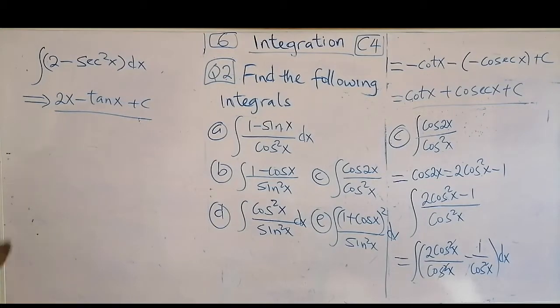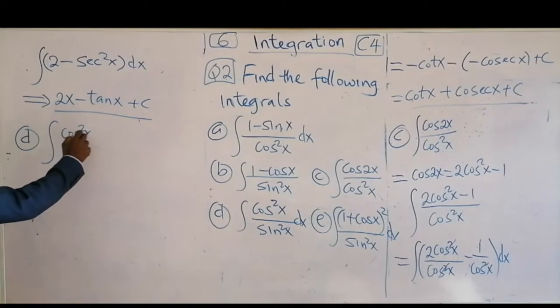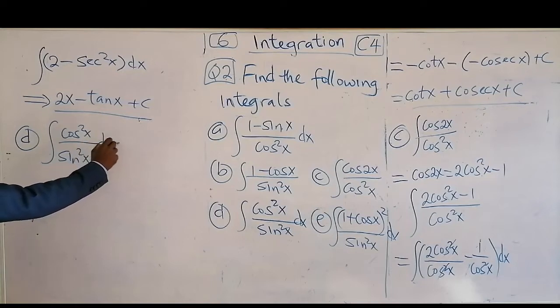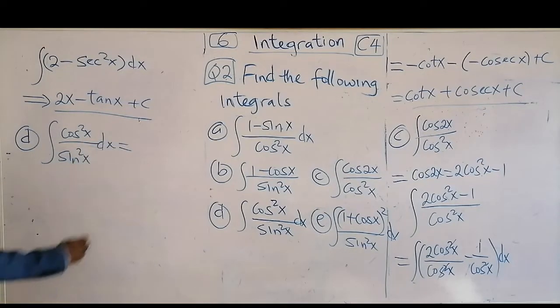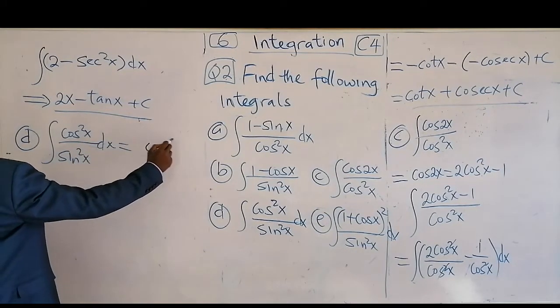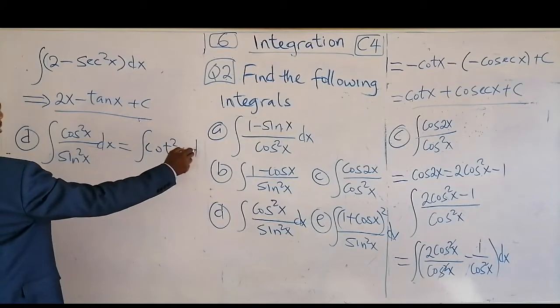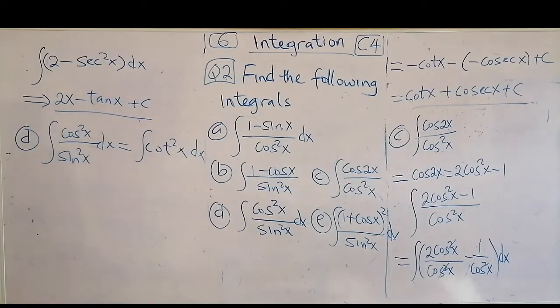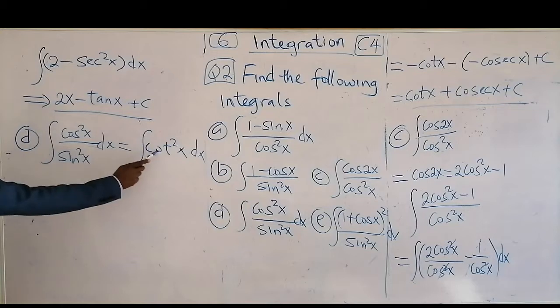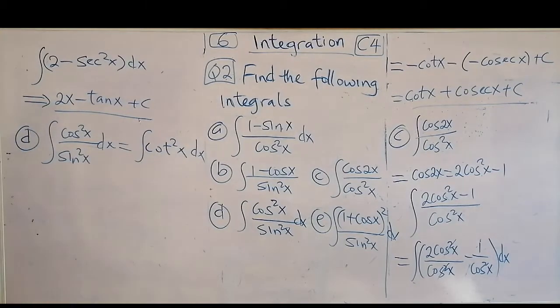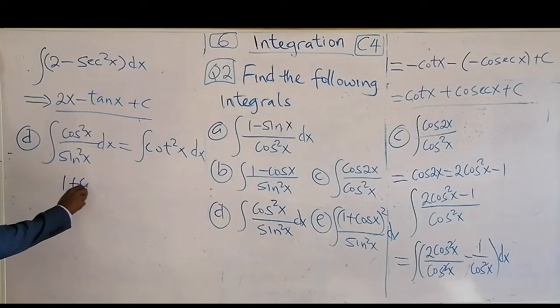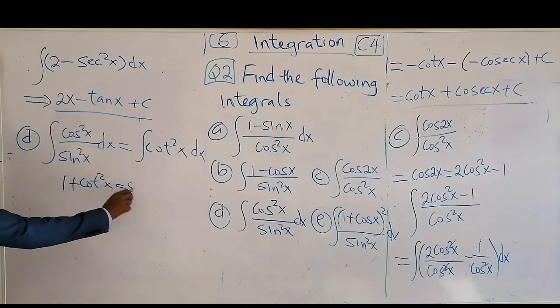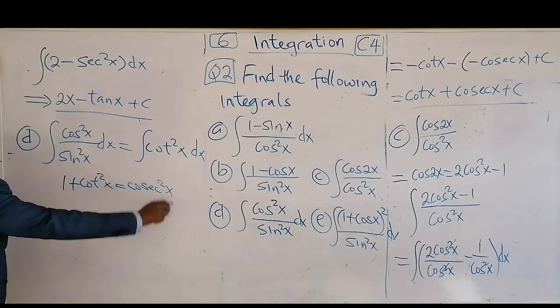Then we go to the d part, cos square x over sin square x. This will give us cot square x. There is no direct table for this, so we use our identity, which is 1 plus cot square x is equal to cosec square x.